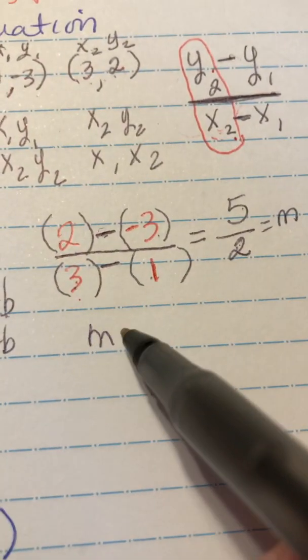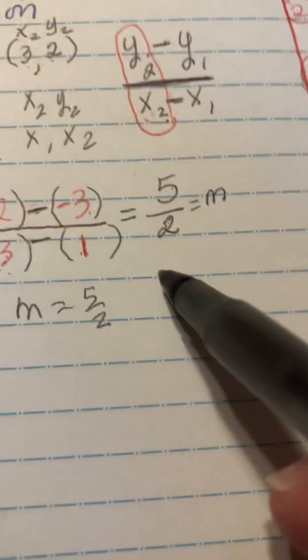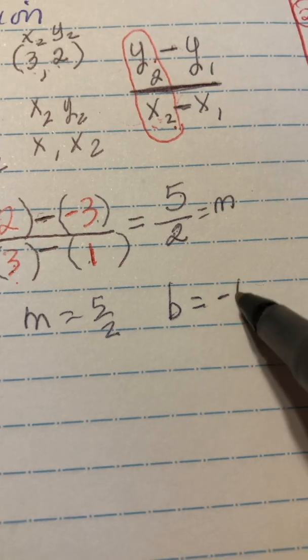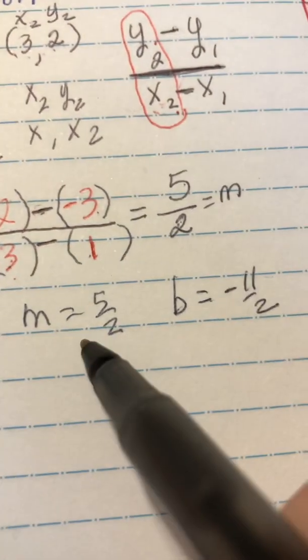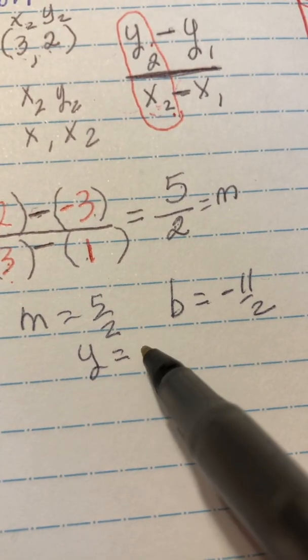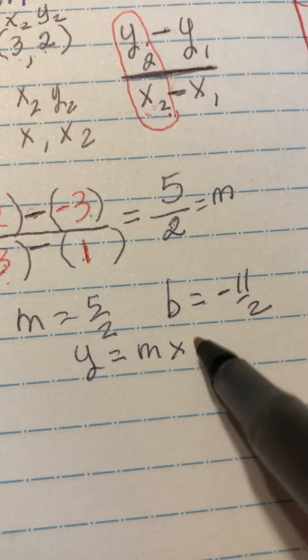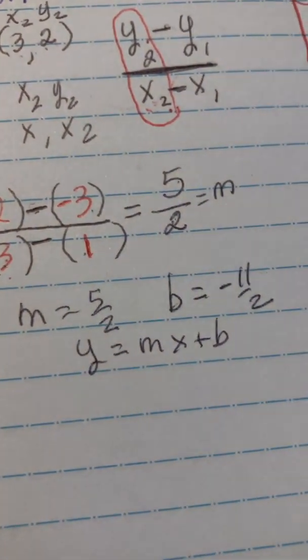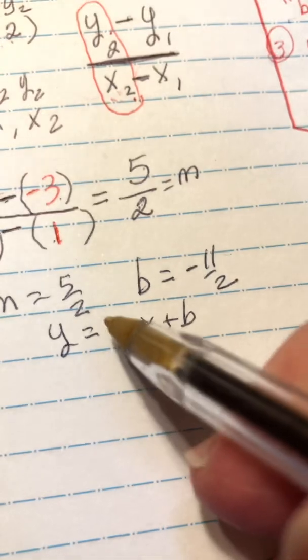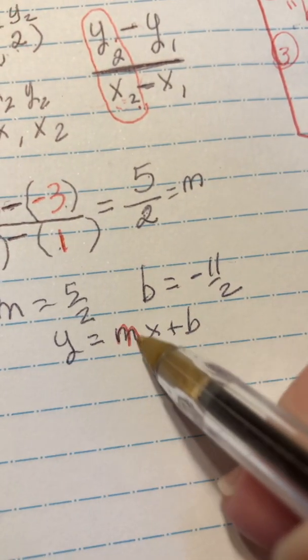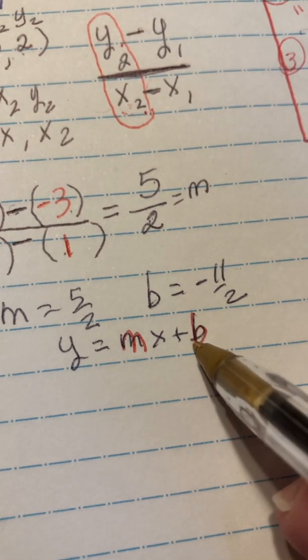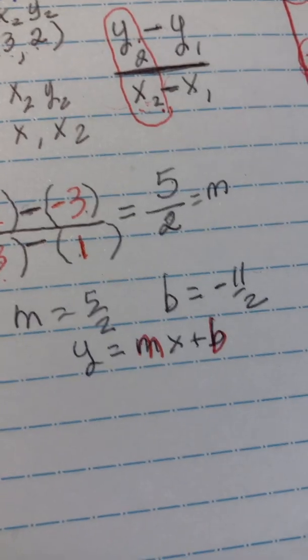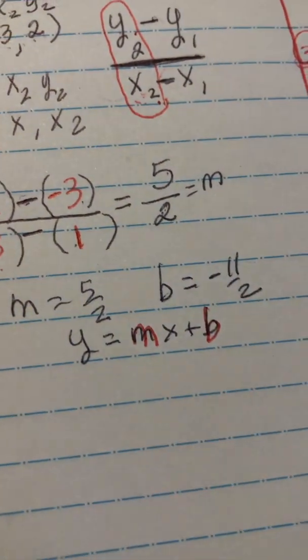I know now that my slope is 5 over 2, and I know my b value is negative 11 over 2. And since I know these now, I can now build the equation that I'm looking for, replacing the m with my slope and the b with the intercept value.